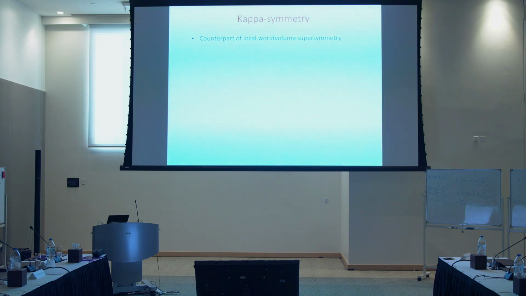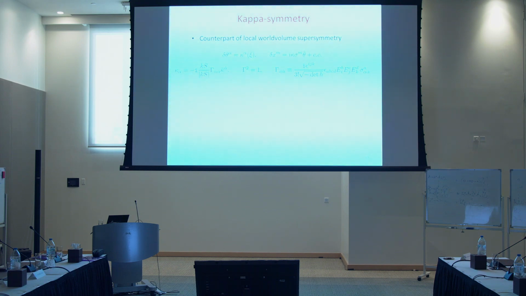So this is a counterpart of local worldvolume supersymmetry, as we well know, under which the Grassmann worldvolume variable theta transforms just by a shift with the parameter kappa, and the bosonic coordinates are transformed in this way, while the parameter kappa and its complex conjugate are related by this matrix, this combination here where gamma squared is equal to 1 and has the following form in terms of the pullbacks of the superfield vielbeins here.